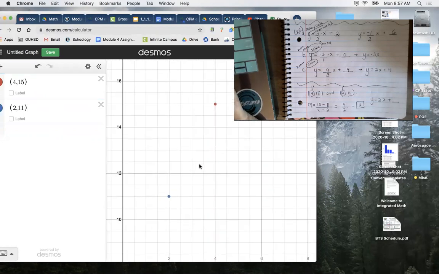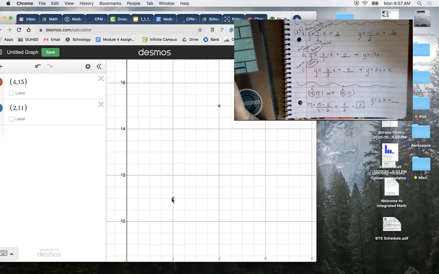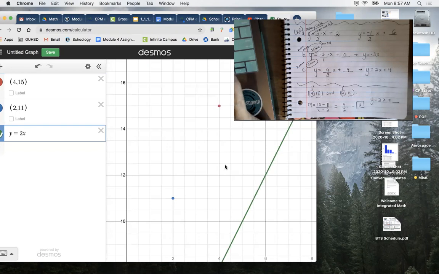I'm going to zoom in a little bit. What I just found is that my slope is 2 over 1. Let's see if that holds. I go up 2 over 1, up 2 over 1, up 2 over 1, up 2 over 1. Yep, it totally looks like I have that, right? So I'm going to start building that. I'm going to put y equals 2x. But do you see the problem?